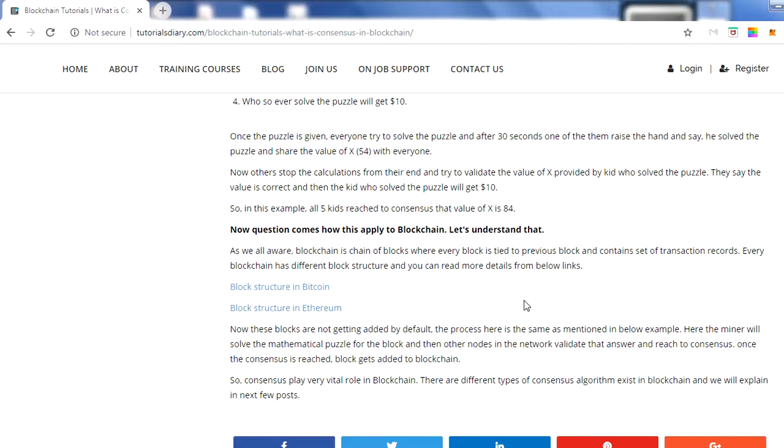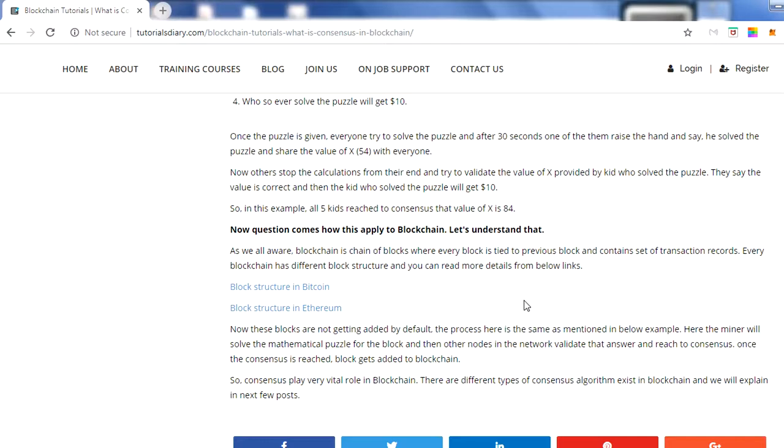The person who is creating that block has to solve one puzzle basically. They have to create some hash which starts with a certain number of zero values. That is the kind of puzzle which they have to solve. They can use their resources, their high RAM computers, their big machines and so on.